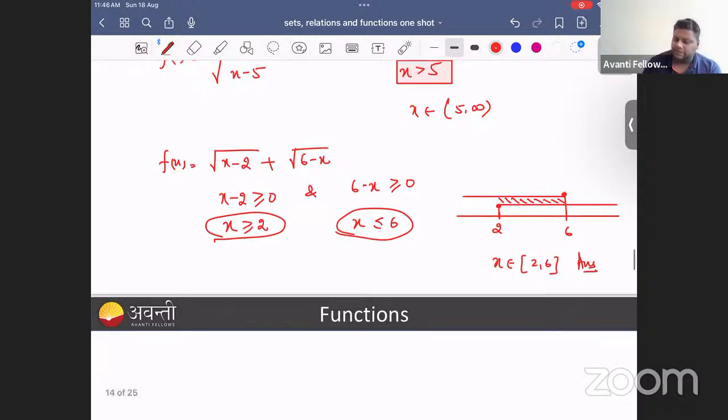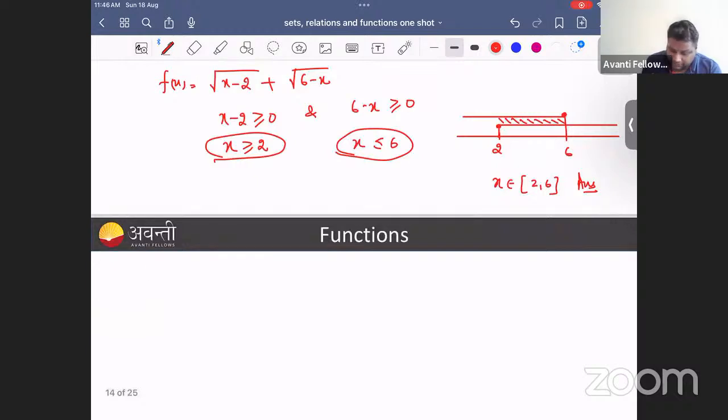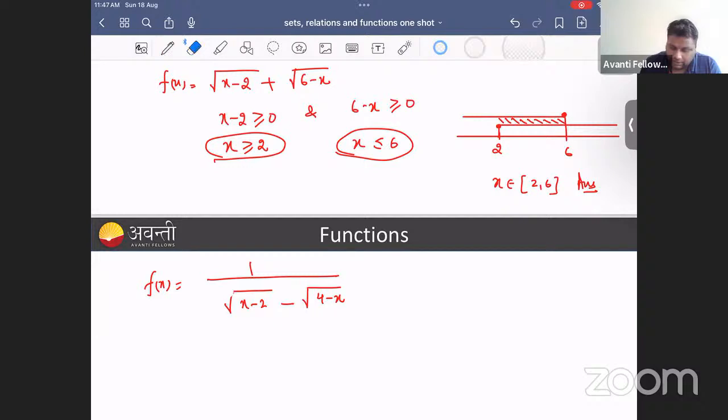Now I'm going to cover a very amazing question. f(x) is 1 upon under root of x minus 2 minus under root of 4 minus x. Got it? Now, how do we do this?